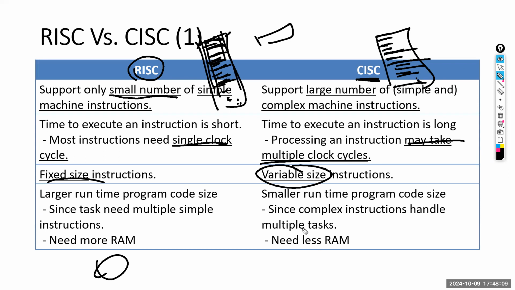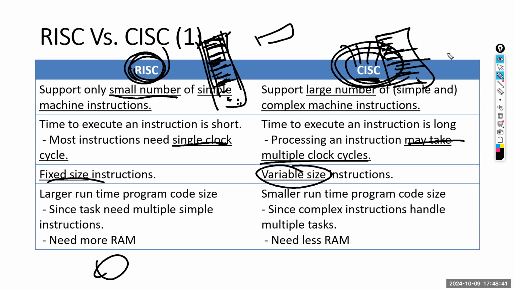CISC processors are more complicated, therefore more expensive. For general purpose tasks, RISC computers are good enough because we need cheaper processors and we are not doing very complicated processing. But for very complicated processing, such as supercomputers and servers, maybe going for CISC is better, though the processor is more complicated and expensive.